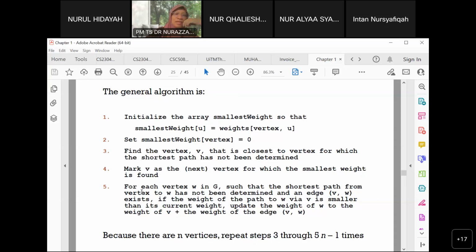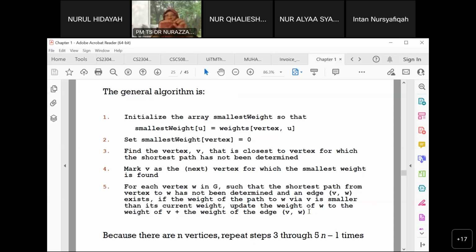Okay, and then step 5 is that for each vertex W in G, such that the shortest path from vertex to W has not been determined, and the edge yang menghubungkan vertex V dengan W exists. So if the weight of the path to W via V is smaller than its current weight, so kita update.